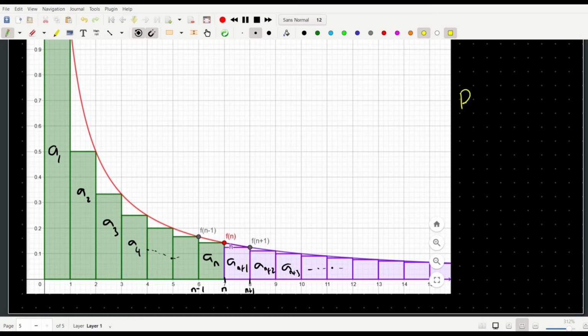So the remainder R_n, the sum of the rectangles a_(n+1) plus a_(n+2) plus a_(n+3) all the way to infinity, will be less than or equal to the integral from n to infinity of f of x dx. And there you have it. This proves this remainder theorem.